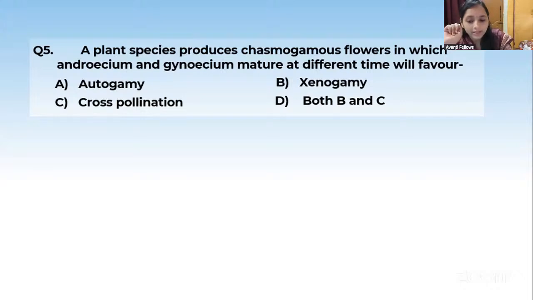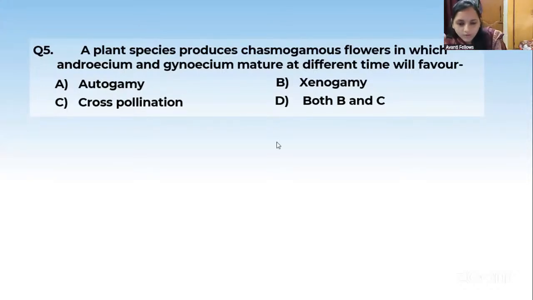But what is happening here? The plant species produces a chasmogamous flower in which androecium and gynoecium mature at different times. And what is it favoring? Is that favoring self-pollination or cross-pollination?